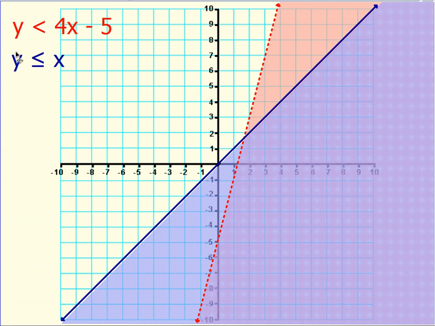Then, of course, since I'm finding the system of inequalities, I need to find the area where the two shadings overlap. Since you probably don't want to erase all of the shading that you've done before, you could simply fill in this area where they overlap with a third very distinct color so that people can tell where your answer is supposed to be.